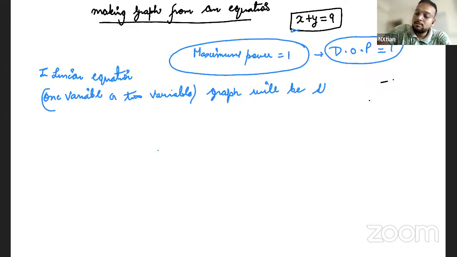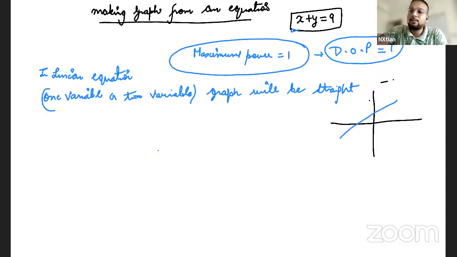Like always, it's going to be a straight line. So if I make a rough graph for you, it's always going to be a straight line, like this. Understood, guys? Okay. So in a linear equation, one variable or two variable, the graph will be a straight line. Guys, did you understand? Yes or no?